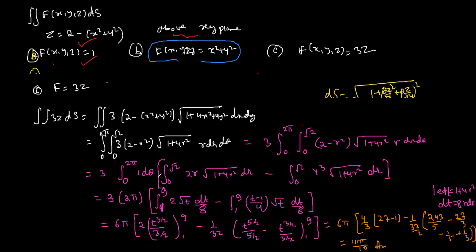Okay, all we have done is put the value of f, this is fixed, this is ds, and the r limit is 0 to root 2, and theta is 0 to 2 pi. That's it. Yes, you can go through these, and I will tell the next question.